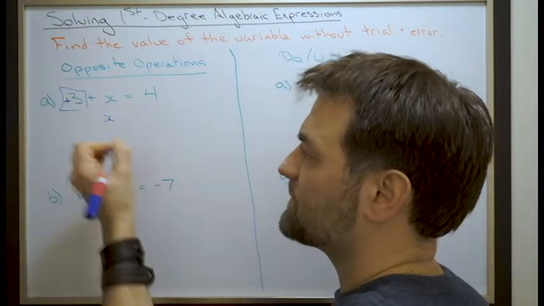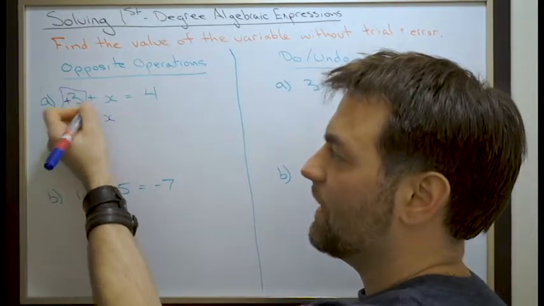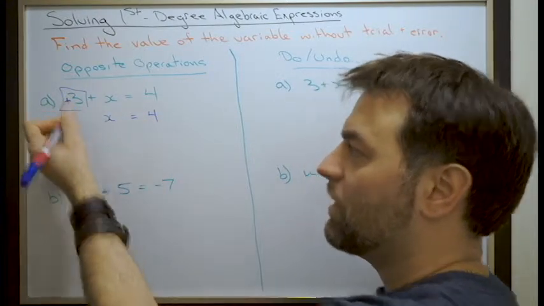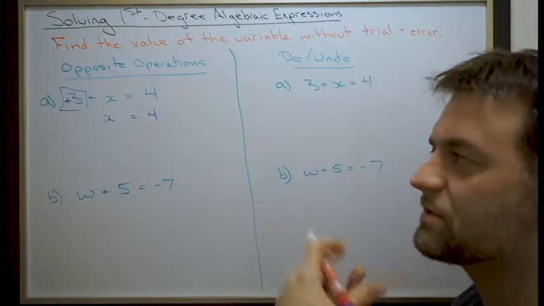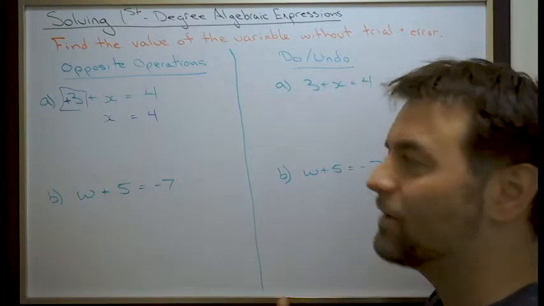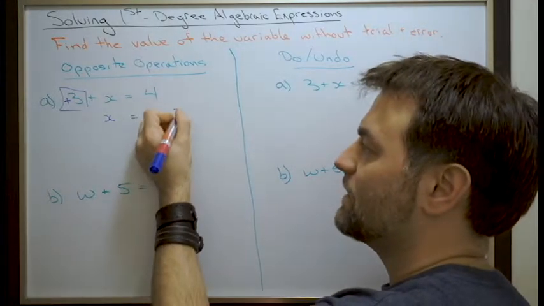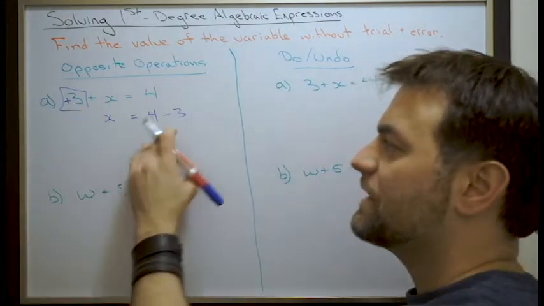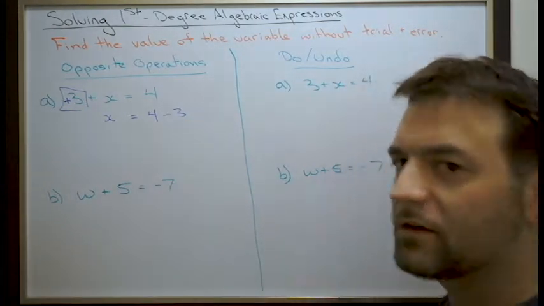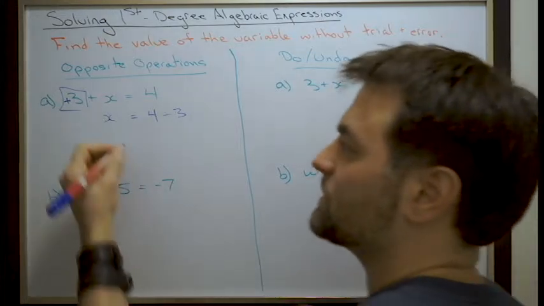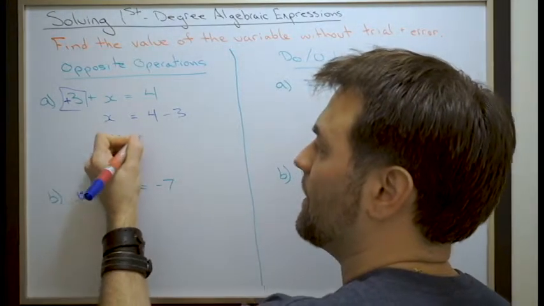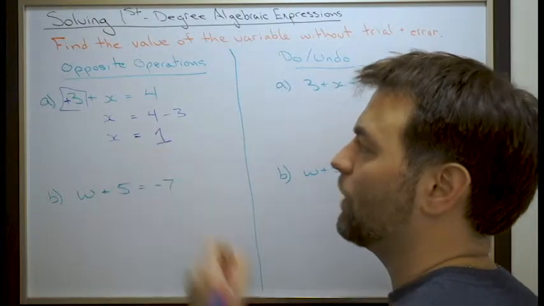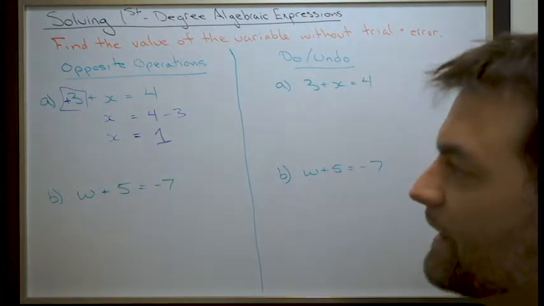I don't need to put a positive sign anymore because it's not being added on to anything. Equals 4. And now that plus 3 that we were adding on is going to become a minus 3. We're doing the opposite operation. We were adding the 3 here, so now on the other side we need to subtract it. That's the opposite operation. And we have x equals 4 minus 3, which is 1.